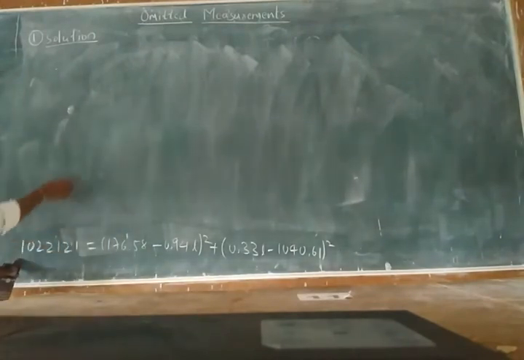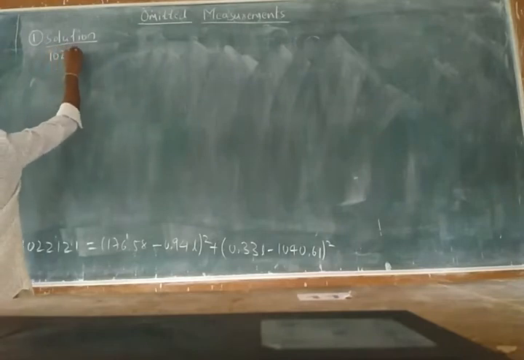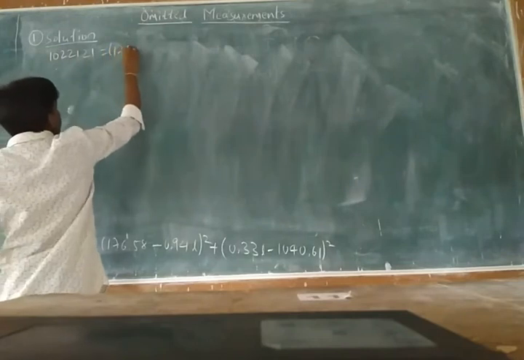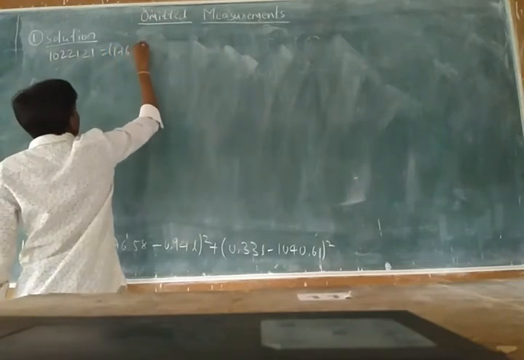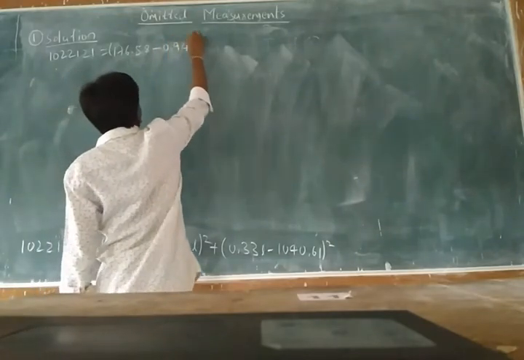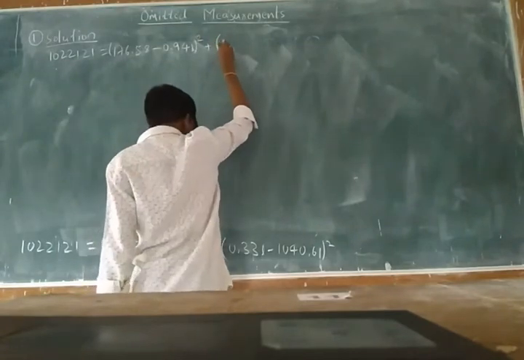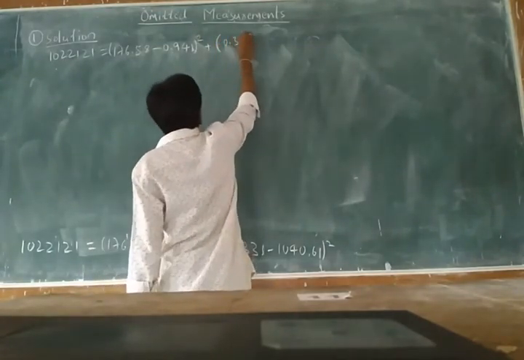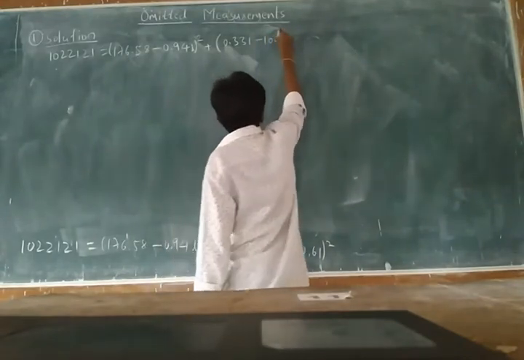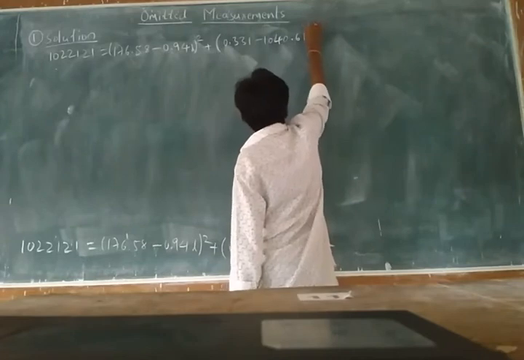See, I am just writing this above here. 1022121 is equal to 176.58 minus 0.94 L whole square plus 0.33 L minus 1040.61 whole square.